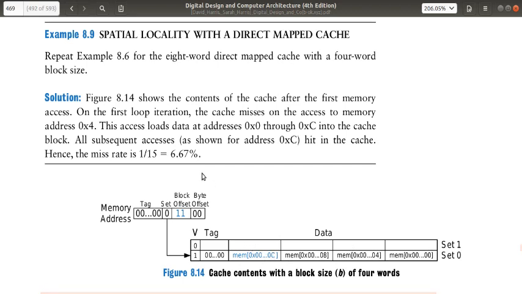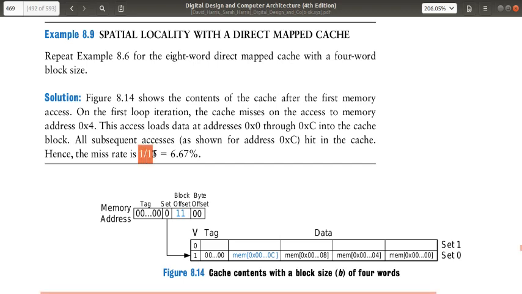So in the first load word, for 0x4, it is a miss. But after that, for the load words using 0xc and 0x8, it is a hit. Again, in the next iteration, obviously these are already there, so there is no issue. So there is only one miss, in the initial case, and after that everything is a hit.